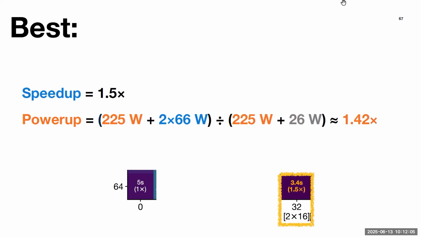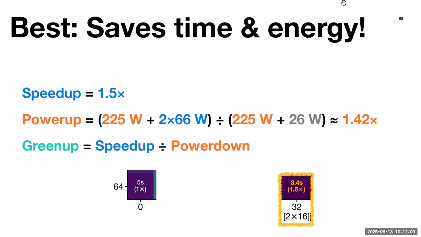Then we can calculate if we add 2 BlueFields, then we might get 1.5x speed up. We will use a little bit more power, 1.42x, and then we'll get a 1.06x green up. So we get a little bit more power efficiency, even though we're spending a little bit more energy here.